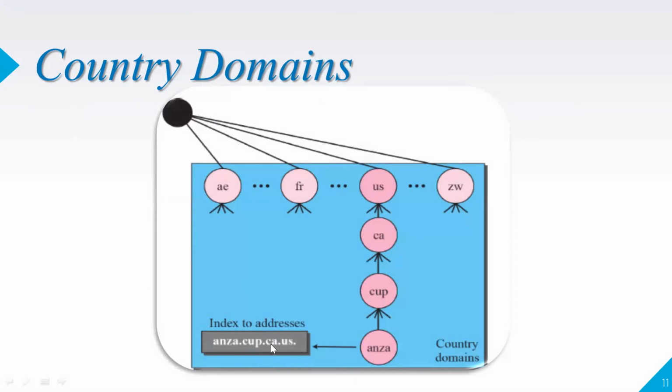For example, US stands for United States, FR stands for France, and for India IN is used. In this example they have given anza, so De Anza College in Cupertino in California in the United States. It is written as anza.cup.ca.us. So that's about the country domain.